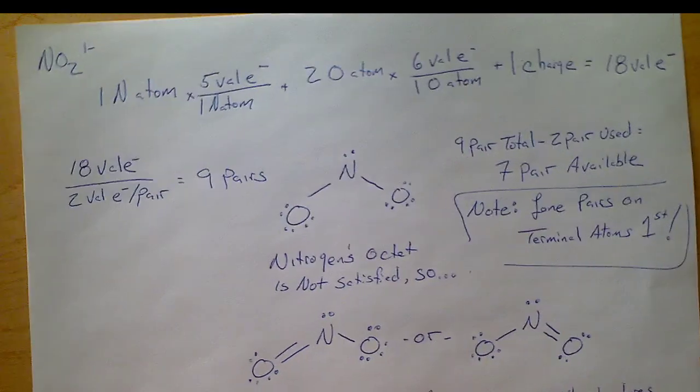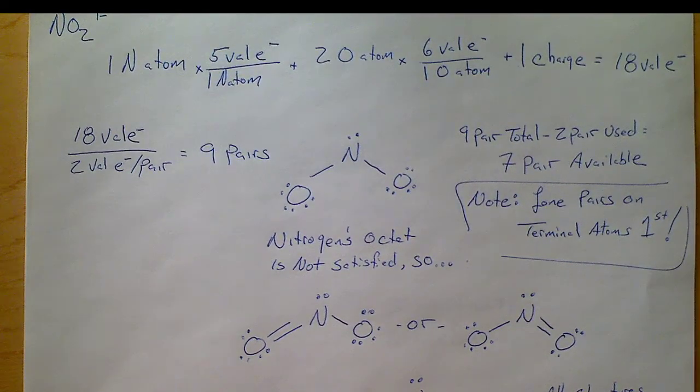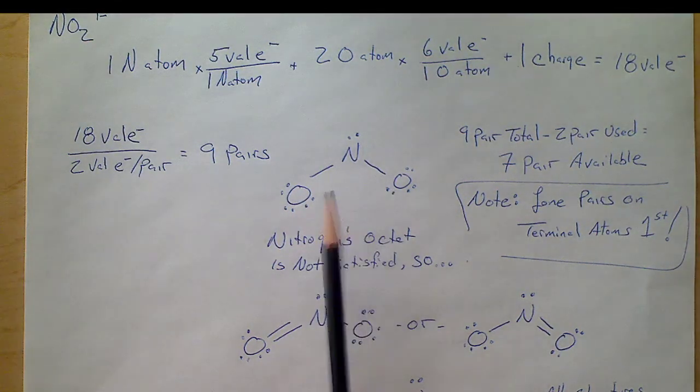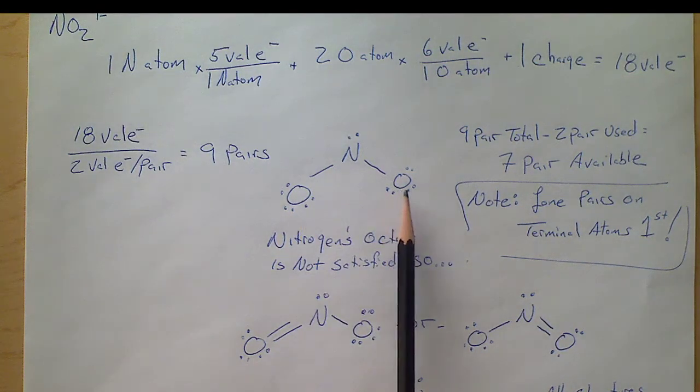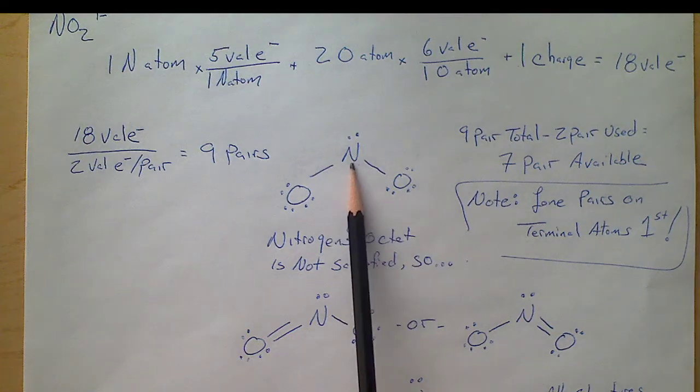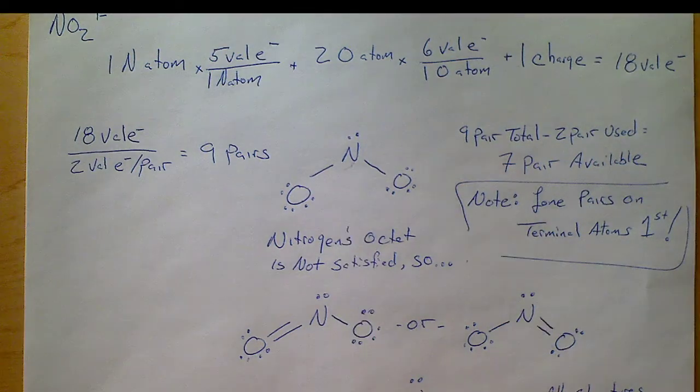All right, so here's nitrite. If we look at this, this is our preliminary molecule. Oxygen's octet is satisfied, oxygen's octet is satisfied. However, nitrogen's octet is not satisfied. So we have that one pair left over.